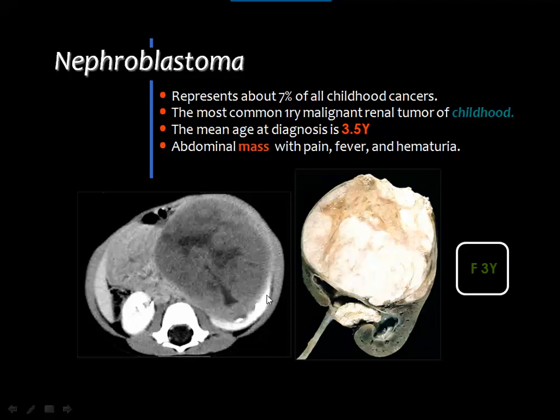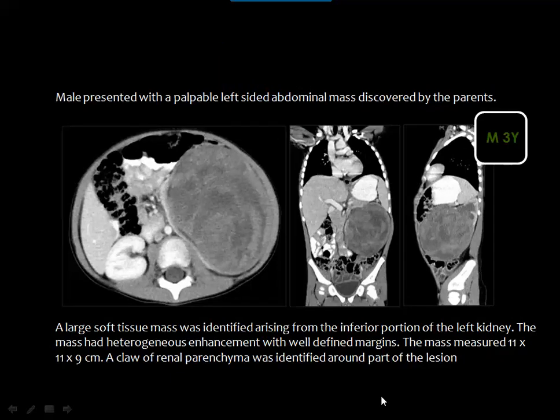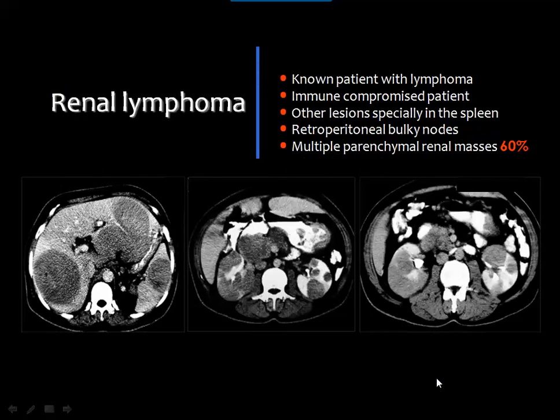Then you know that this lesion is originating from the kidney, not originating outside the kidney and infiltrating the kidney. This tongue-like projection, or the claw sign, is one of the important findings to appreciate that this tumor is of renal origin. And here is a male child, 3 years old, with a big mass in the left kidney in the axial, coronal, and sagittal reformatted images.